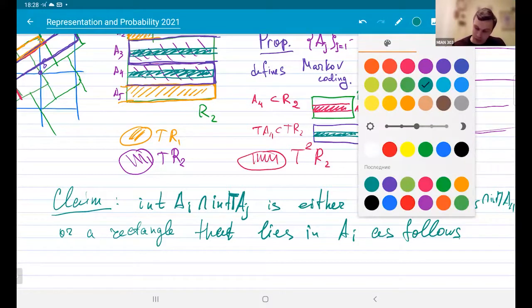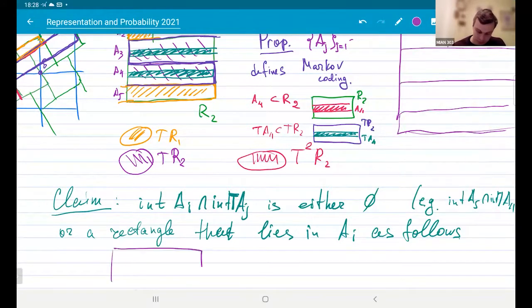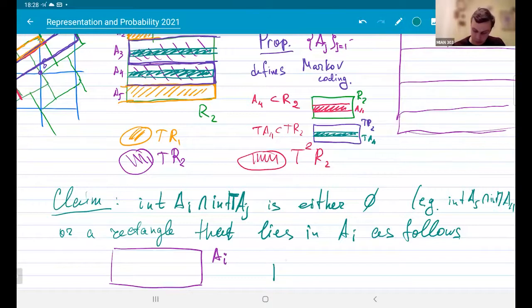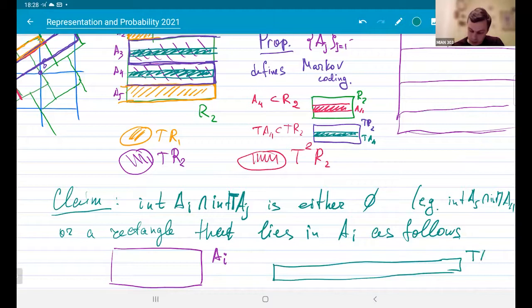So this is AI, and let me also draw another figure for TAJ, and the intersection is something like this.